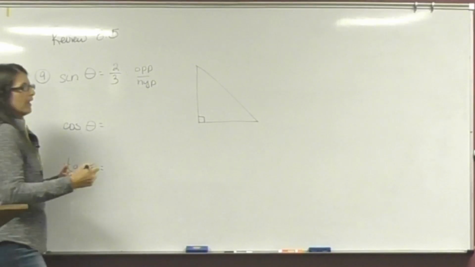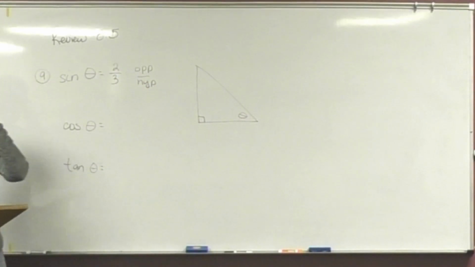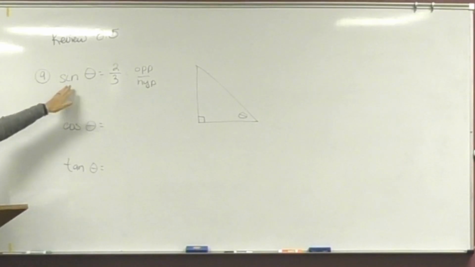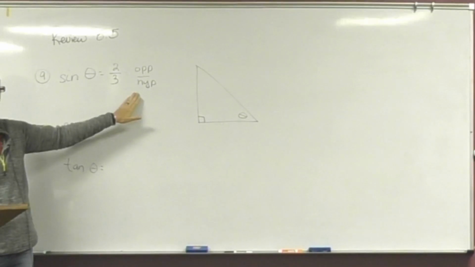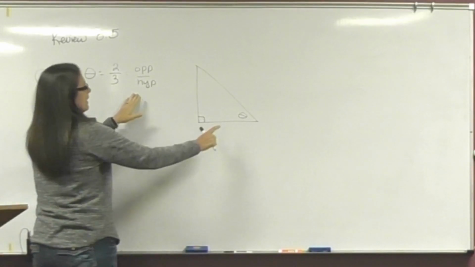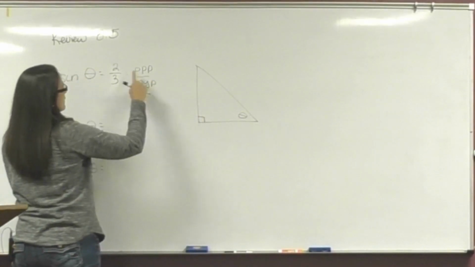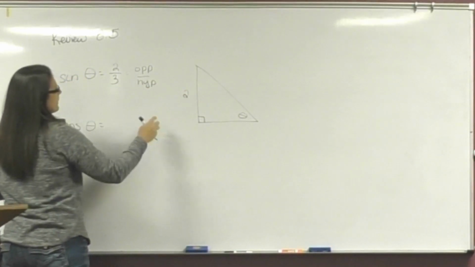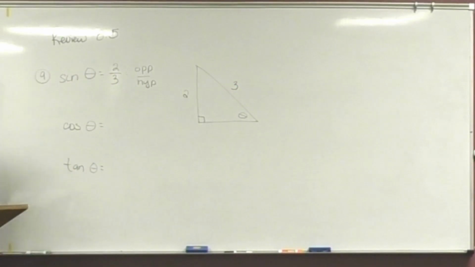So I'll just call this one theta. All right? So if sine is opposite over hypotenuse, that means that in relation to this, my opposite is 2 and my hypotenuse is 3.